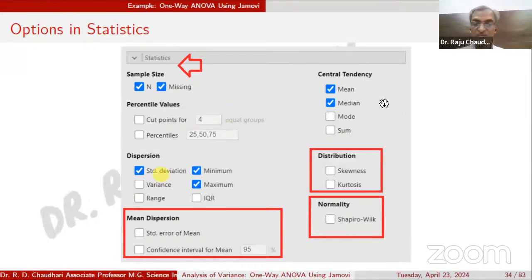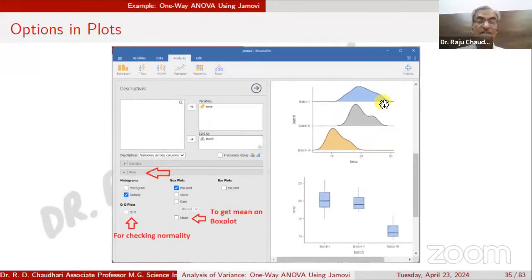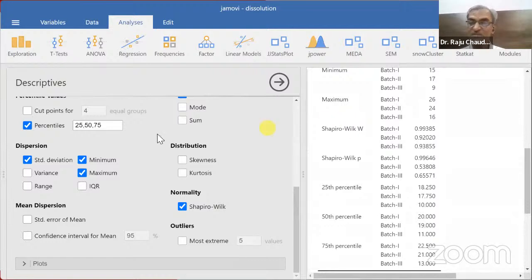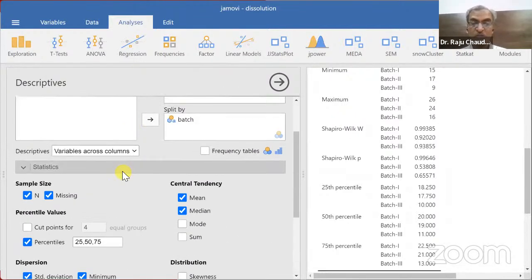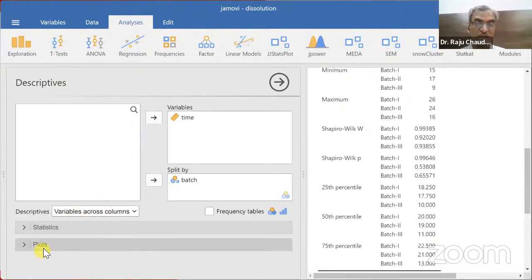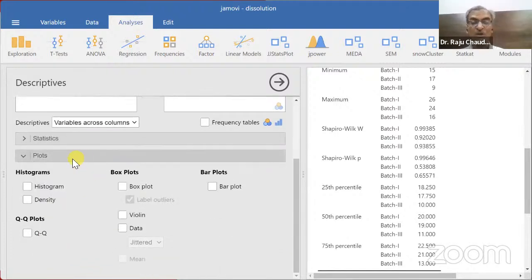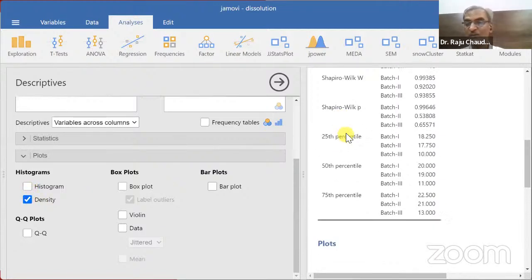So this is how we can get the summary, right? Apart from that, again in the same summary table, just scroll down and we have a plot section. In the plot section, you can go for the density plot or histogram, right? Say for example, density plot.